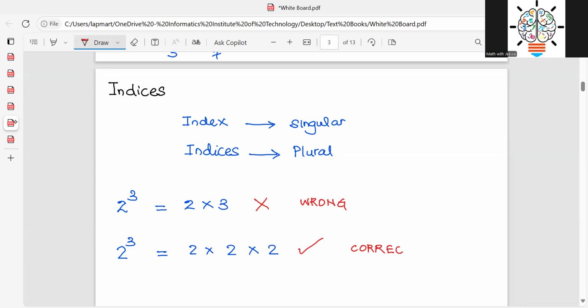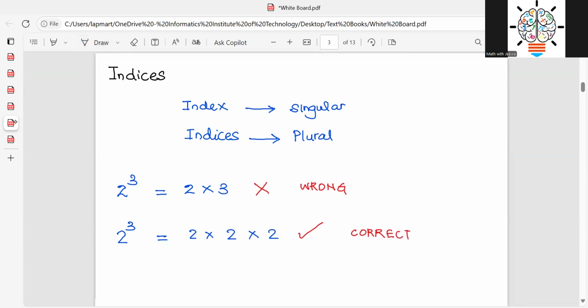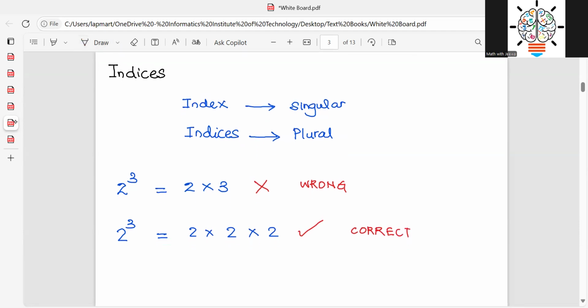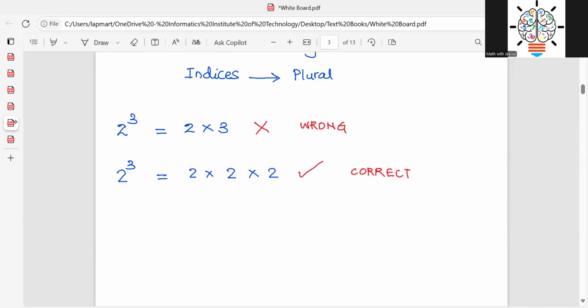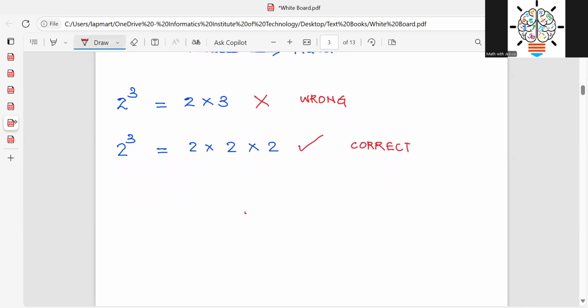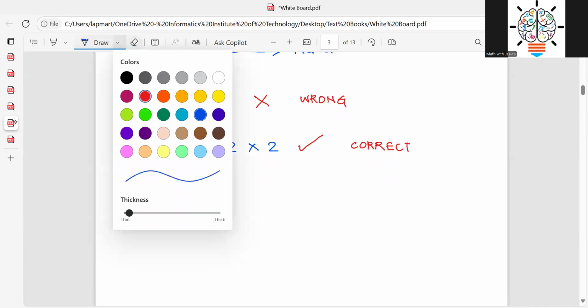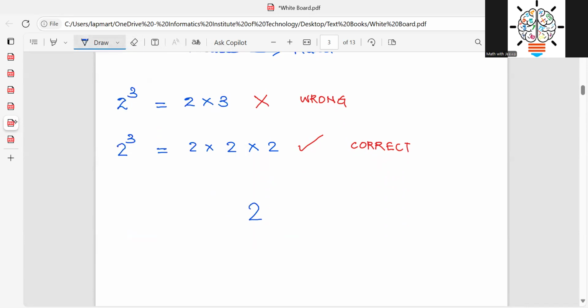So then here I write, so this is the correct method. Okay, so then if that is the correct method, what does this mean, children? 2 times 2 times 2. You multiply the number 2, 3 times. So then here you want to understand this. Then you take the blue color, 2 to the power of 3. What is this? The 3 is what?